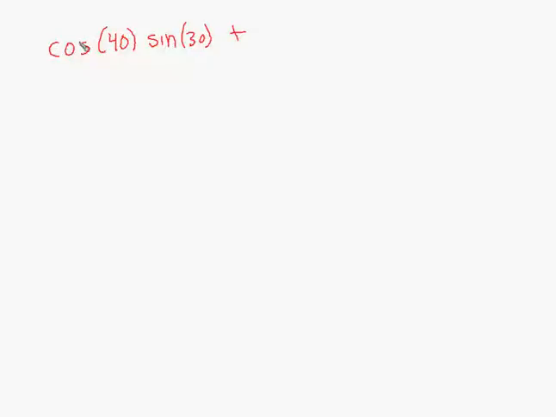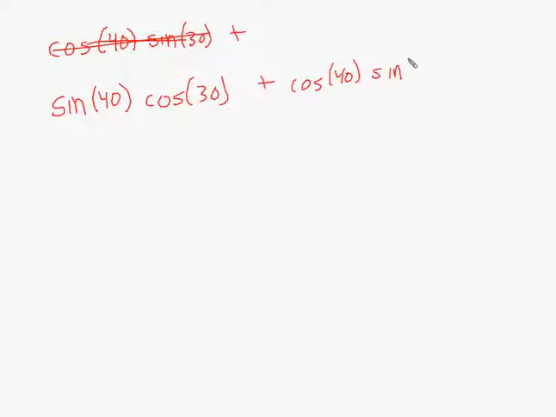Oops, I did this backwards. Sorry. We didn't talk much about this, but maybe you're given essentially the answer. This is a sum formula that equals sine 70, going backwards, right? Maybe it's written like this.